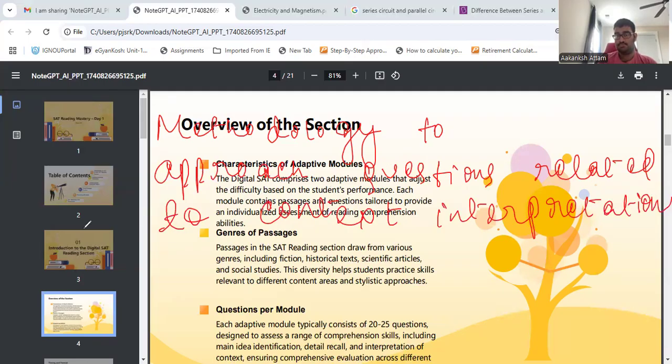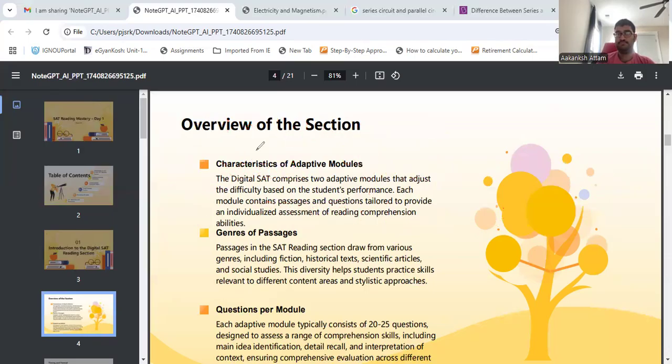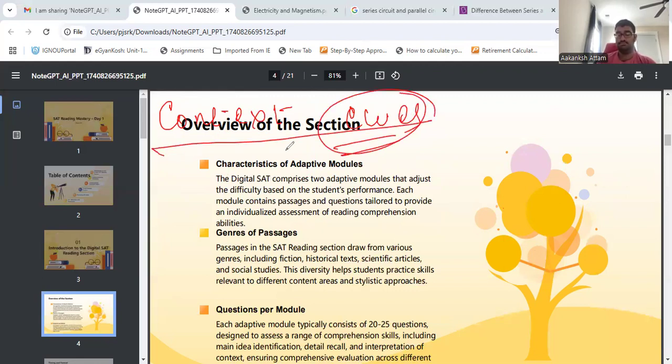How can we do that? So we need to identify the context clues. Please make a note of it.